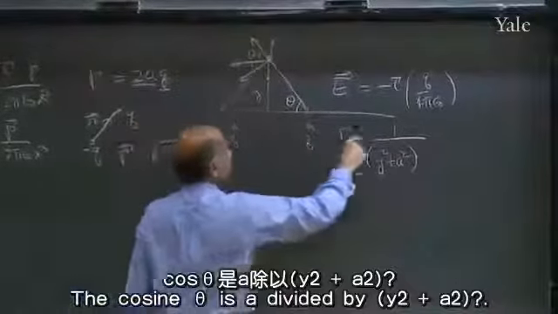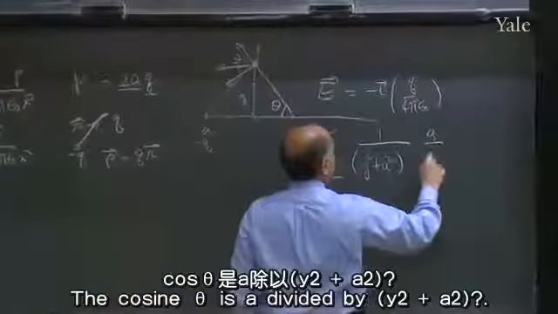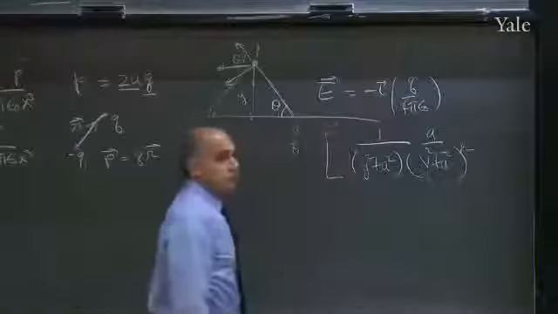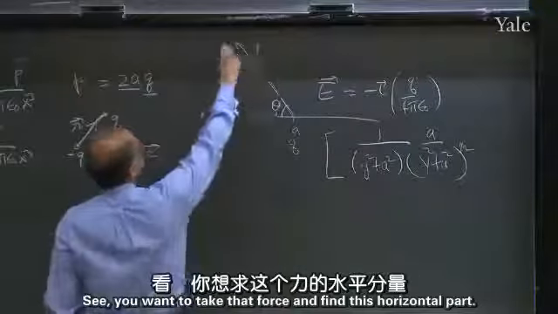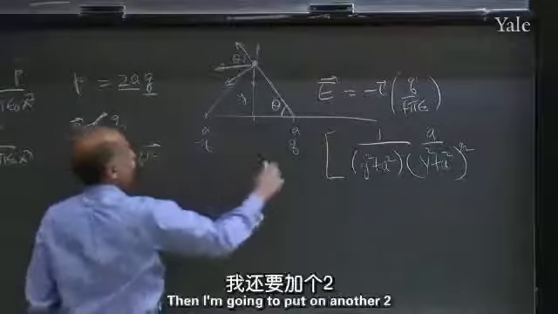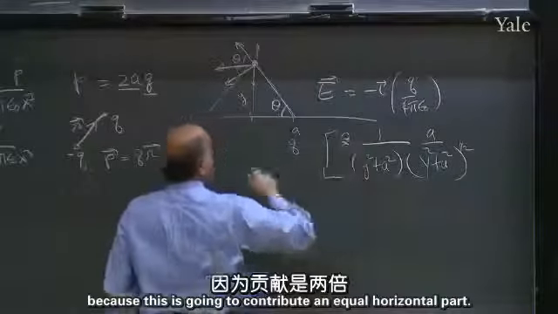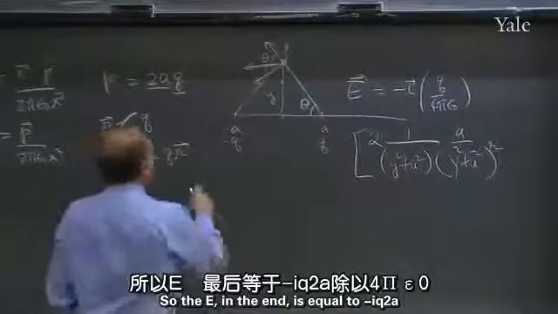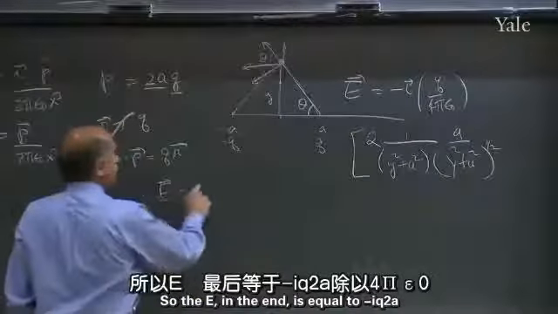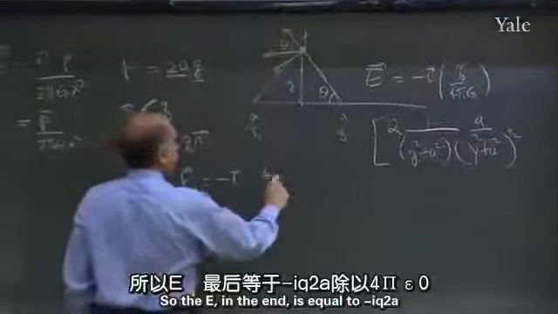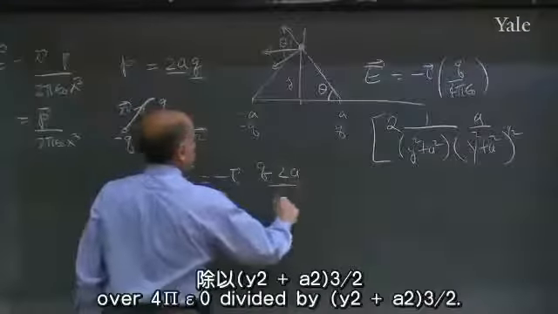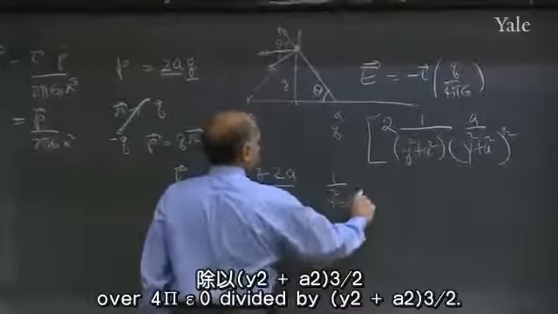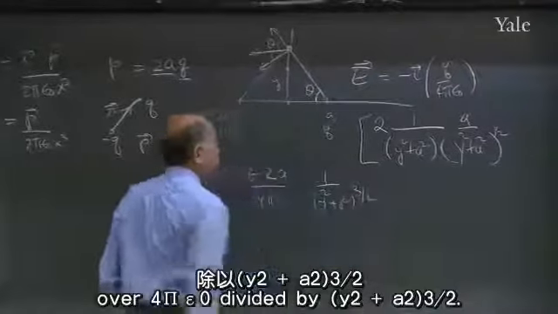The cosine theta is a divided by y squared plus a squared to the 1/2. You want to take that force and find its horizontal part. Then I'm going to put another 2 because this is going to contribute an equal horizontal part. So the E in the end is equal to minus i q 2a over 4 pi epsilon 0 divided by y squared plus a squared to the 3 over 2.